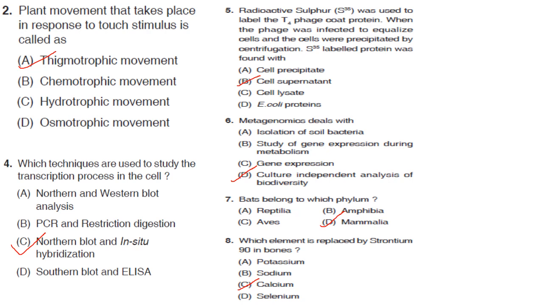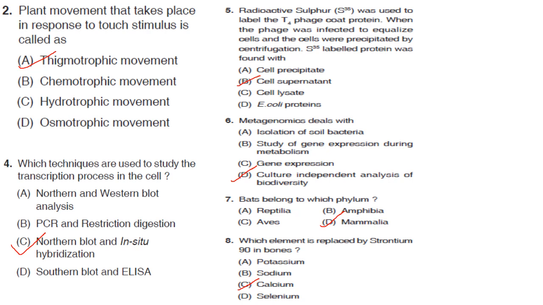Then metagenomics deals with. So metagenomics is the study of the structure and function of the entire nucleotide sequences isolated and analyzed from all the organisms. If you are taking the case of microbes, it is the study of the structure and function of the entire nucleotide sequences isolated and analyzed from all the microbes in that population.